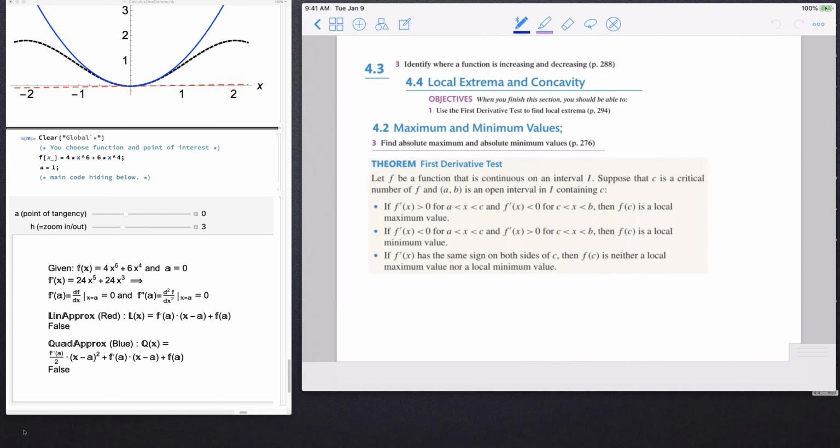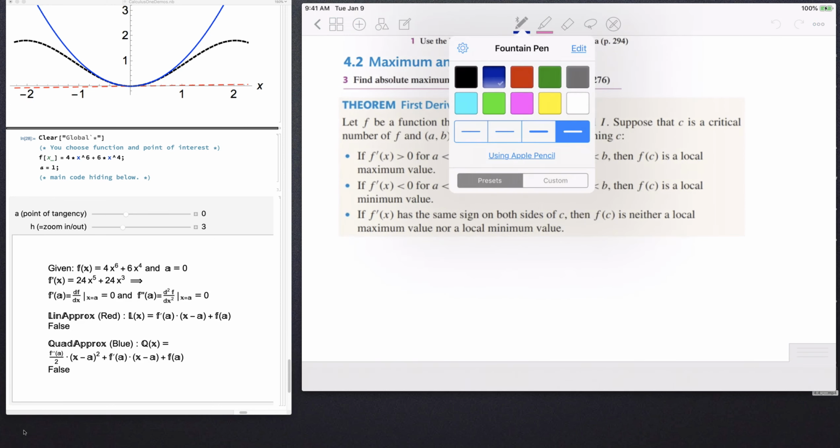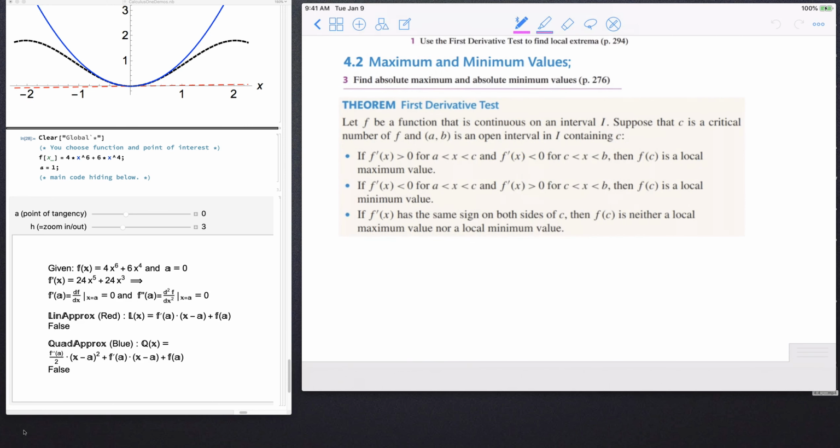So that's the hint at what the first derivative test is. Stated in a more complicated way, this is what the first derivative test is saying. Okay. I'll give you a moment to read it, but the key idea here is that you're looking for the first derivative to be positive on a certain interval, and then negative on another interval, and the value c is where they switch, okay?